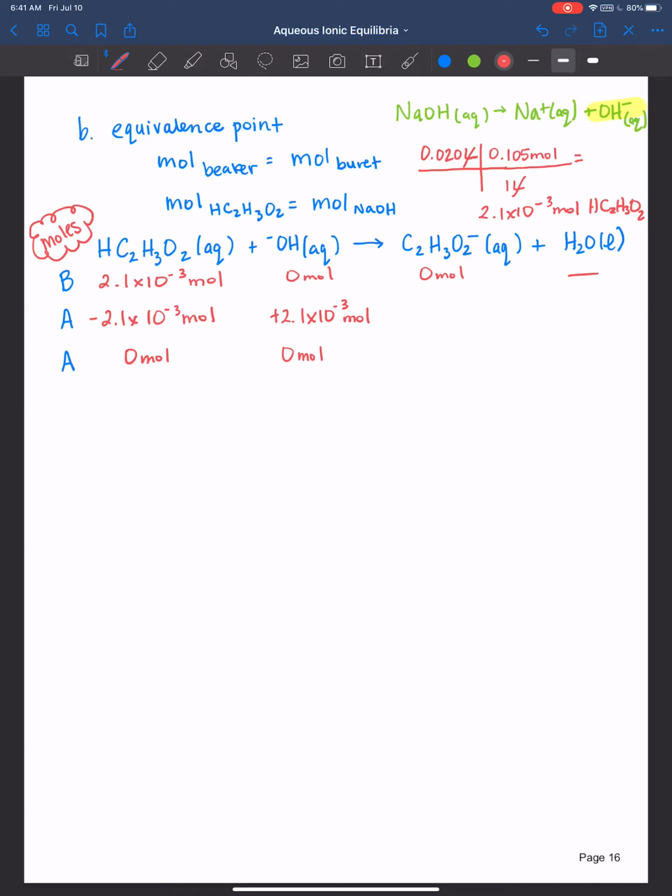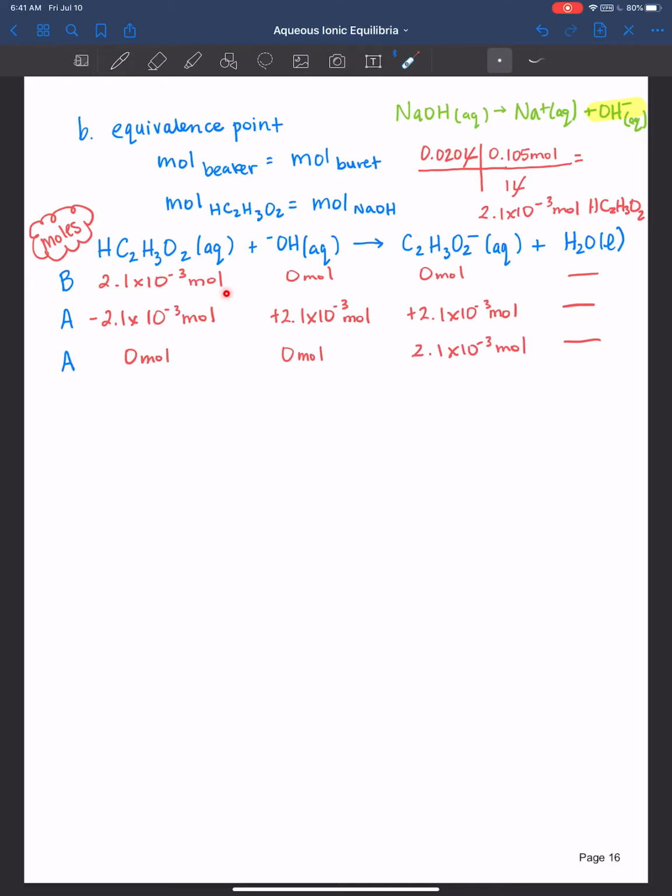But remember, as we're reacting these two together, we're creating this conjugate base. And so I'm creating 2.1 times 10 to the negative third moles of the acetate. So let me just review that again. At the equivalence point, the moles of what's in our beaker is equal to the moles of what we add from the burette.